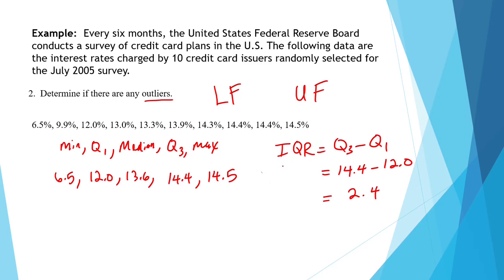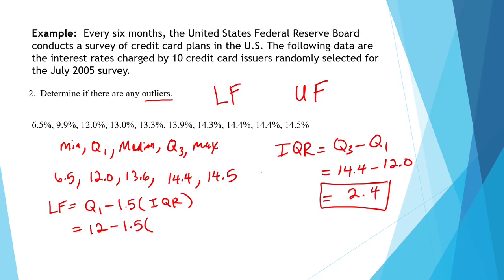Now, since we have found the IQR, we can use that to calculate the lower fence and upper fence. The lower fence is equal to Q1 minus 1.5 times IQR. Q1 is 12, so we'll put 12 minus 1.5 times the IQR, which we already know is equal to 2.4.